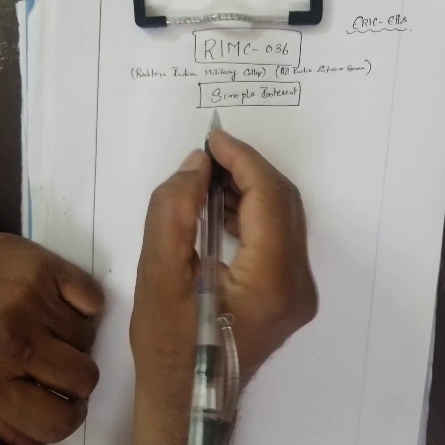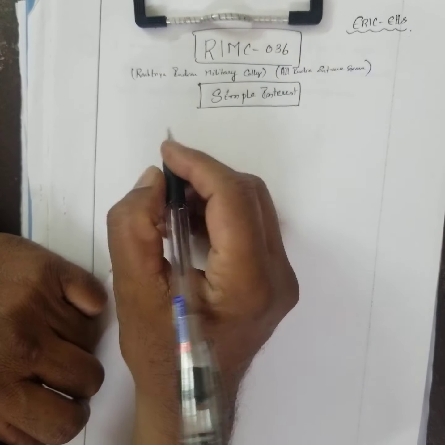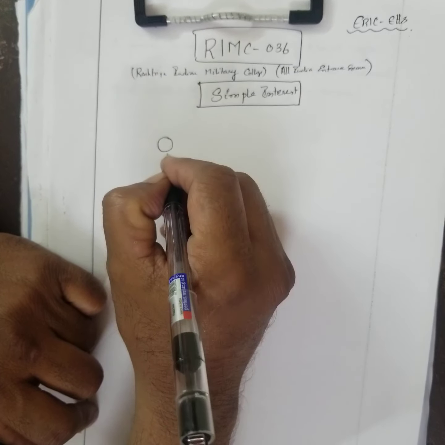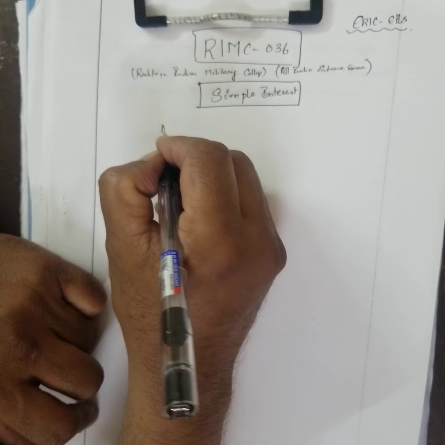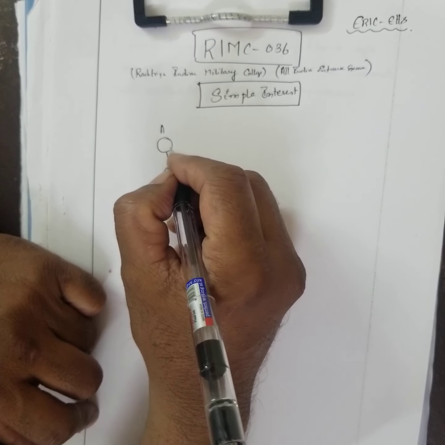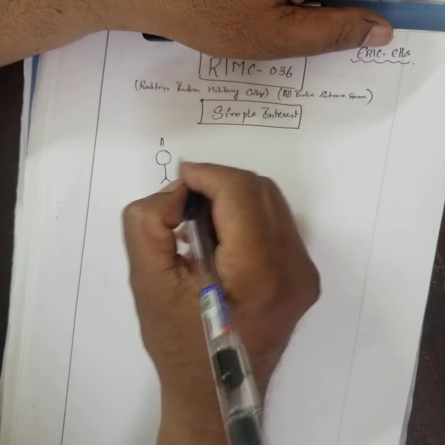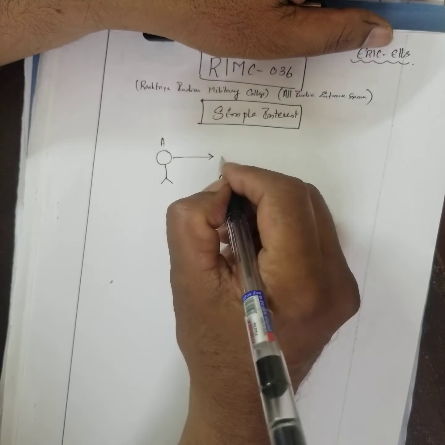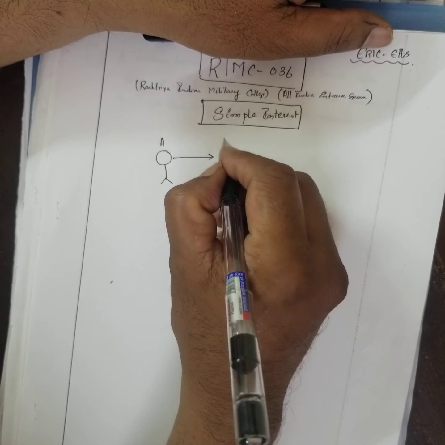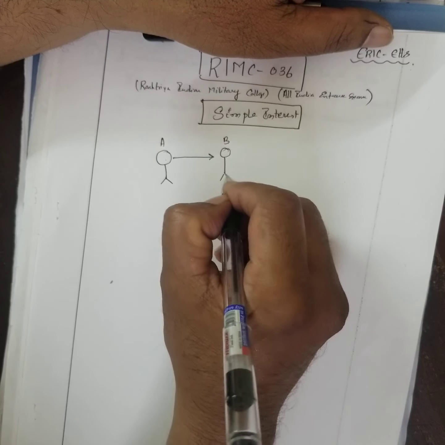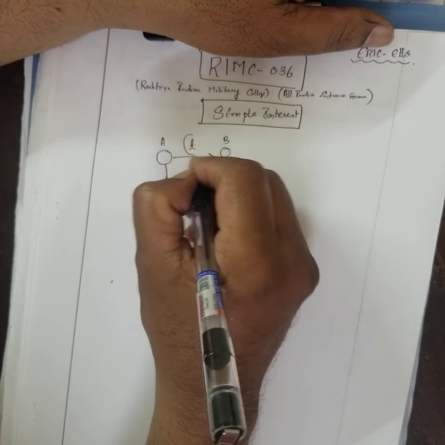We are going to deal with the chapter simple interest. Suppose B borrows some money from A for a certain time.